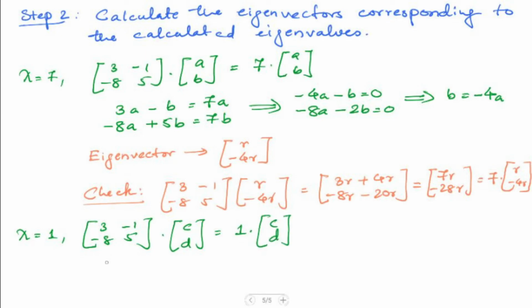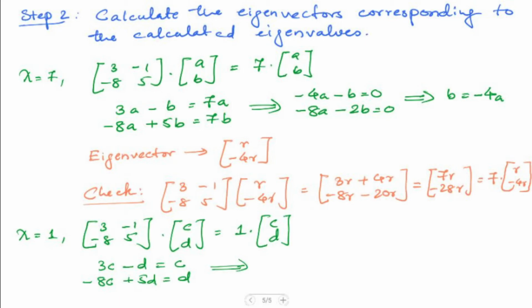So this gives us 3c minus d is equal to c, and here we have minus 8c plus 5d is equal to d.